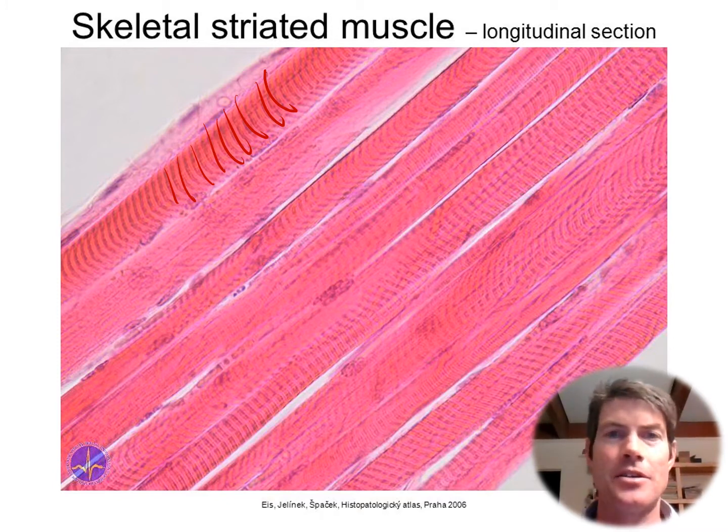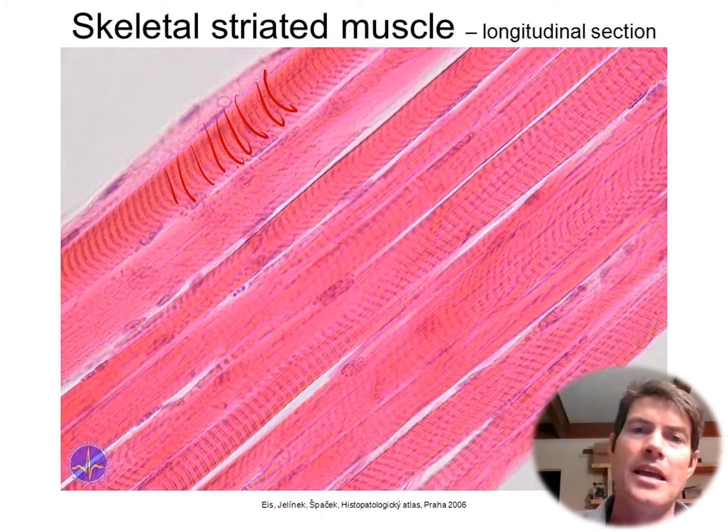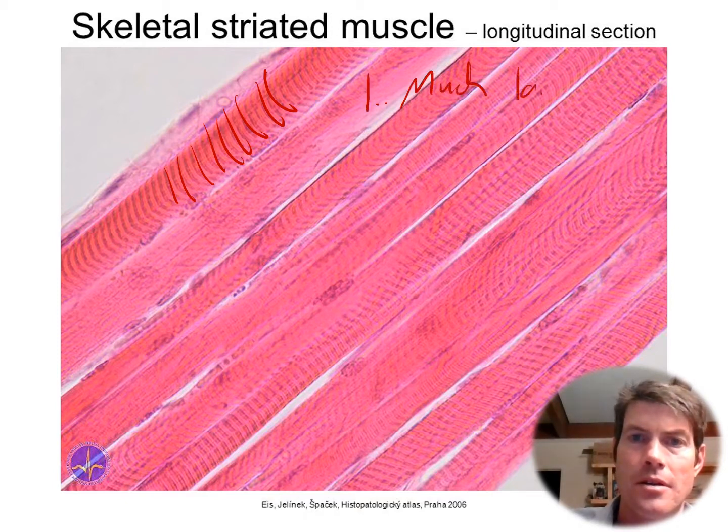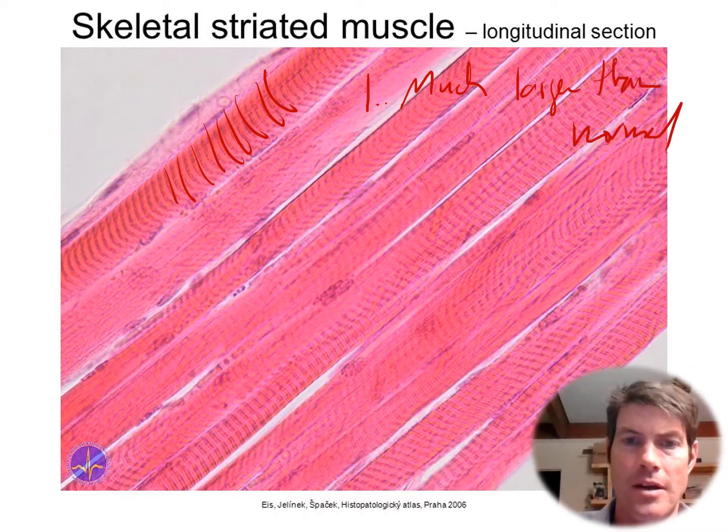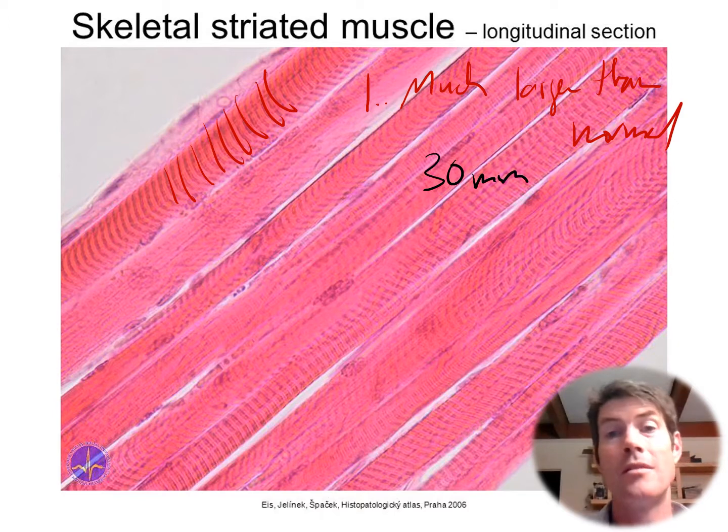So the thing that makes these muscle cells interesting is that they're number one, much larger than normal. Up to 30 millimeters.